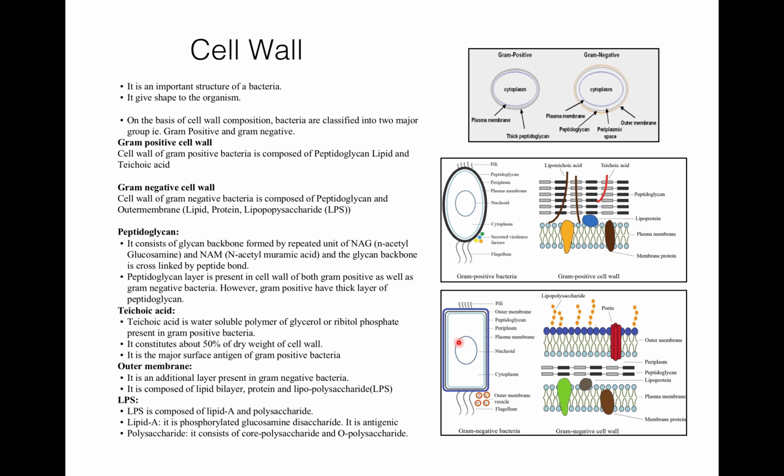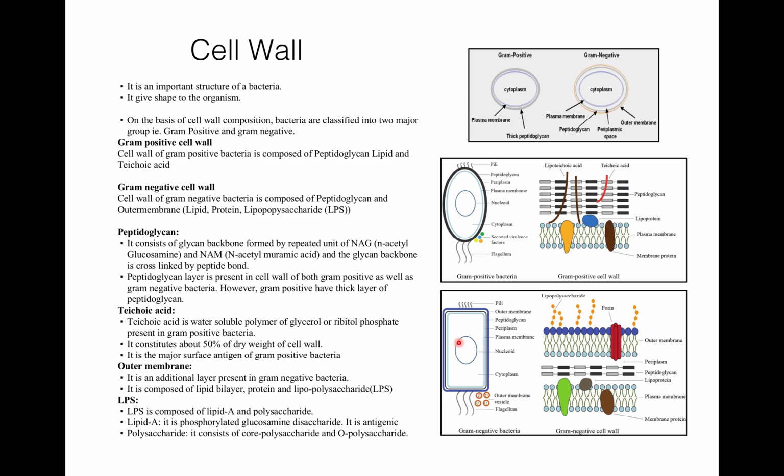But when the bacteria are stained with crystal violet or gentian violet and then with iodine solution, and on washing the bacteria loses its color, then the bacteria is known as gram-negative bacteria. This occurs because of the differences between the cell wall composition of bacteria.